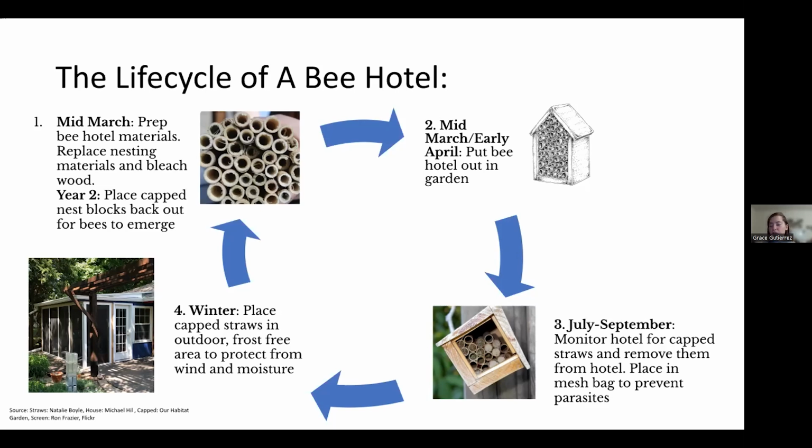Many bees that nest in bee hotels, when they're done laying eggs and provisioning the nest, their final thing is they will cap off the tube with a mud or leaf mixture, as the mother's way of protecting her babies. So you can see in this picture right here those mud-capped straws.